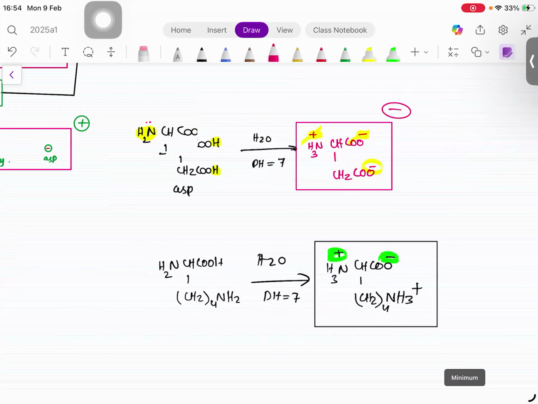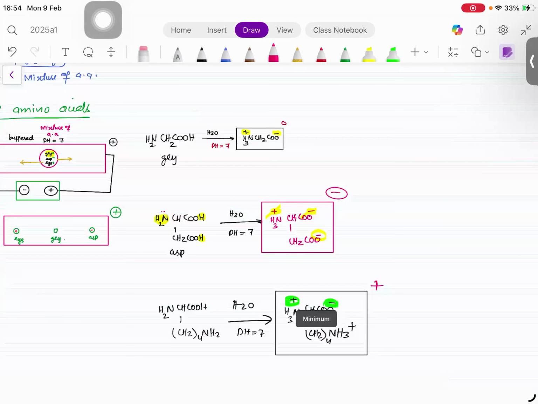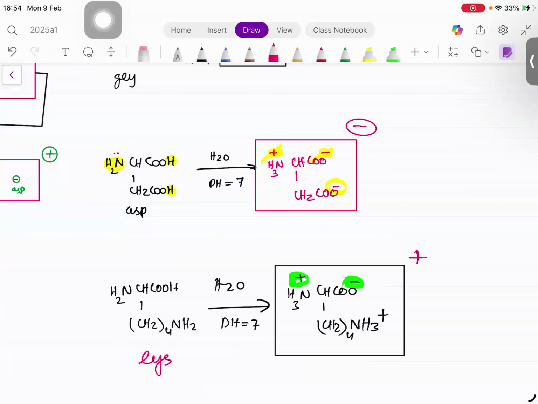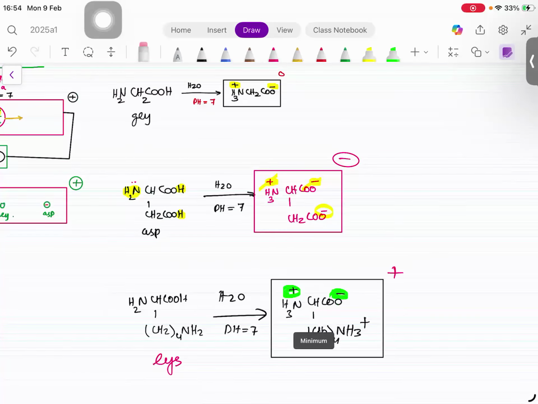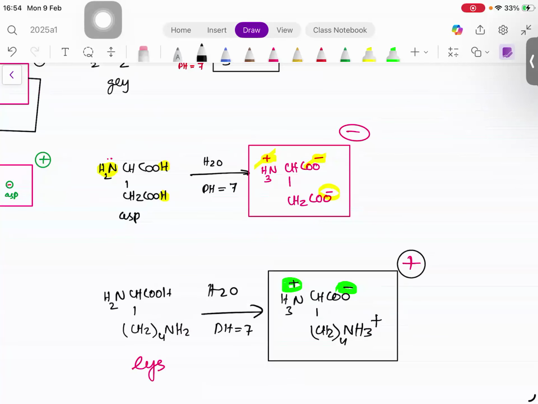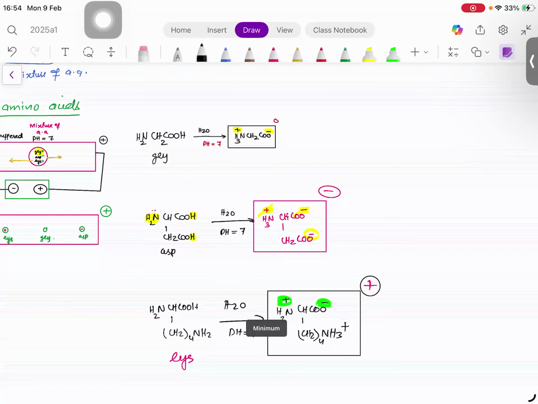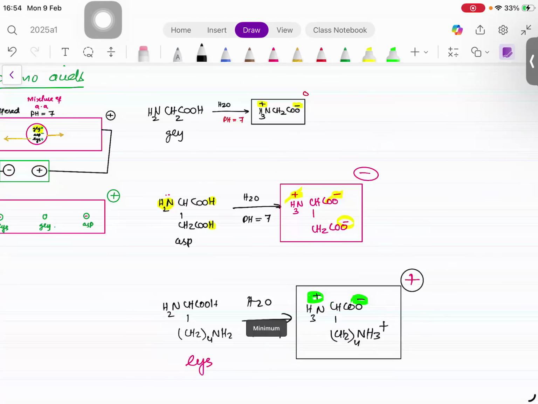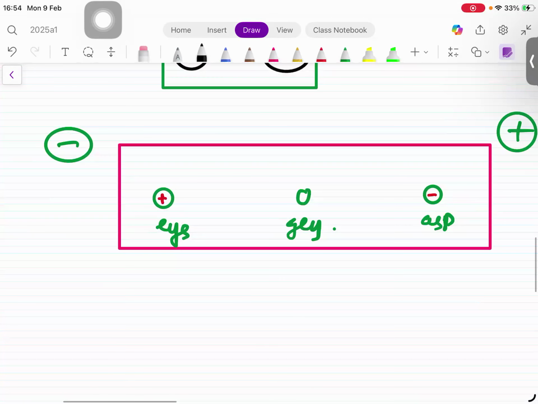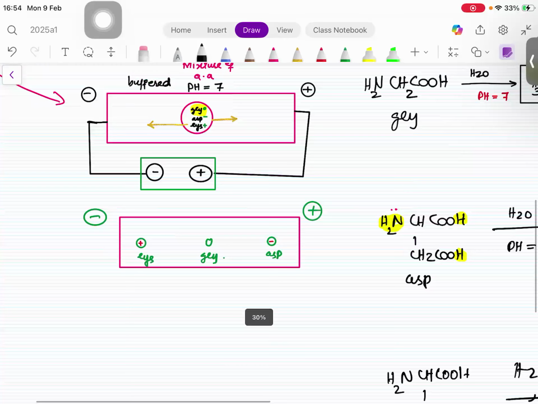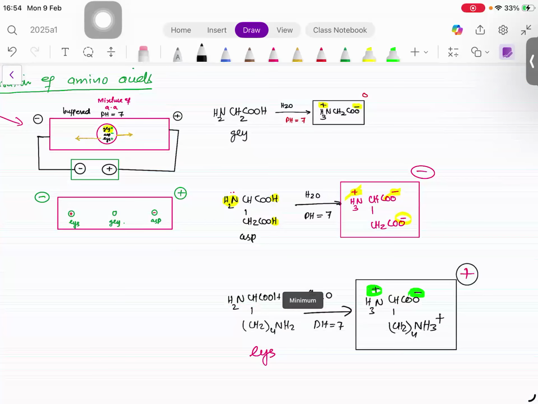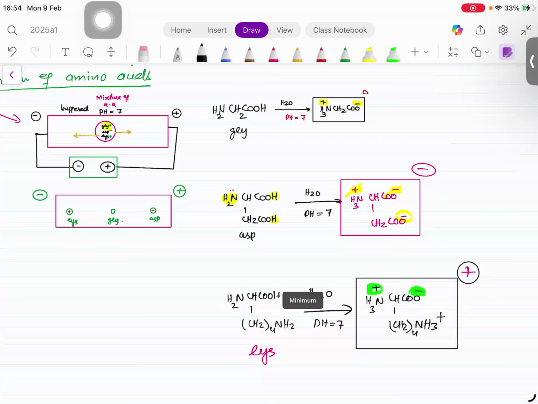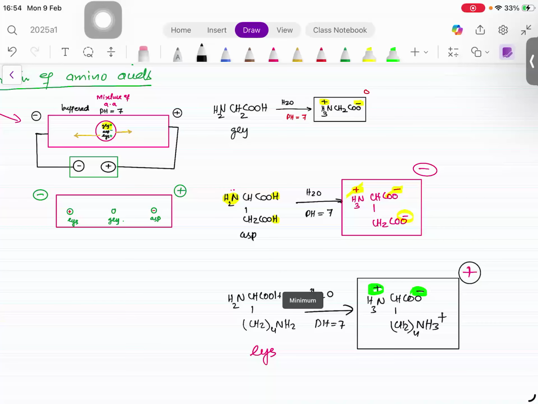One positive. So that's why the lysine is positive at pH 7, and ASP is negative. Which electrode does the lysine move towards? The cathode, and ASP moves towards the anode, and glycine stays here. I hope it's clear now. That's why these amino acids move to these respective electrodes, right?